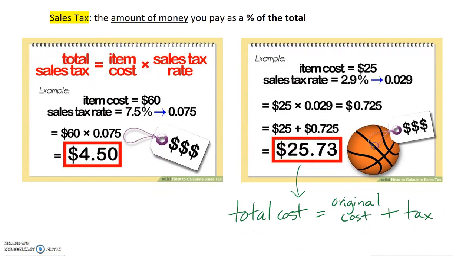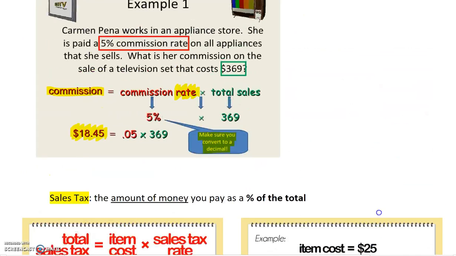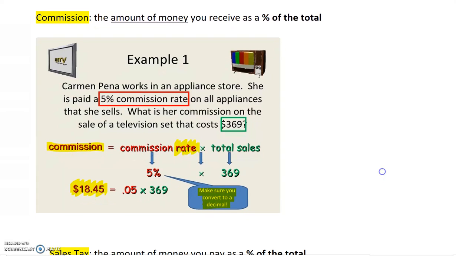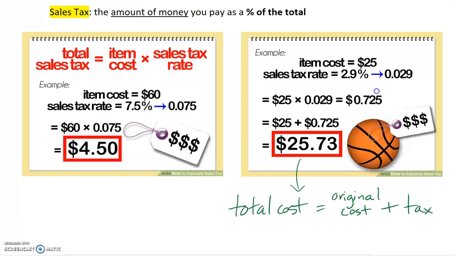The next thing we're going to look at is sales tax. It's the amount of money you pay as a percent of the total. So very, very similar to what? To commission, just a different style of money. And in this case, we'll take a look at the example. What is the total sales tax? Well, we're going to do that by multiplying the item cost times the sales tax rate.